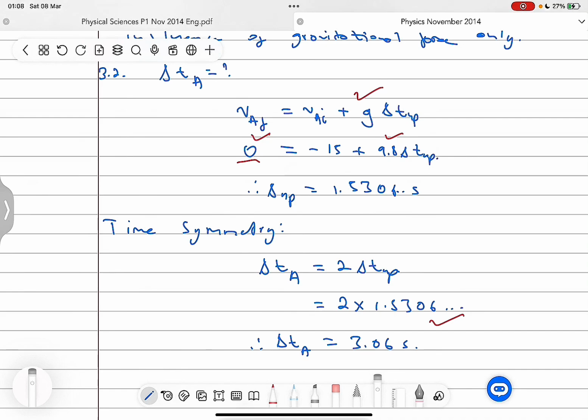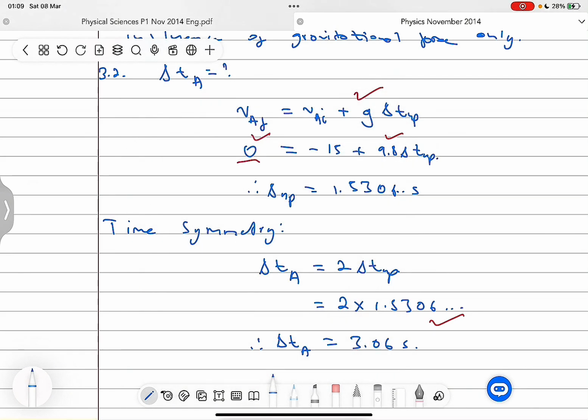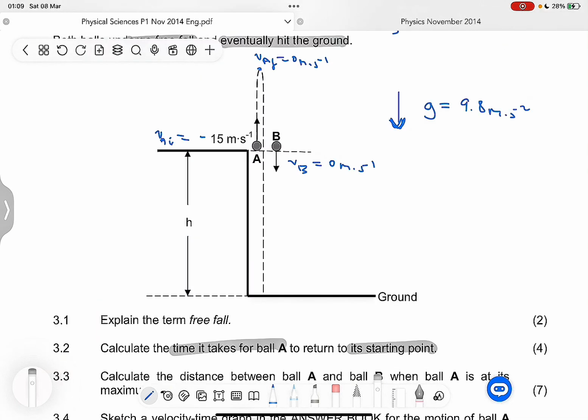And also the nice thing with looking at our time, I see this mistake here. It should be changing to here. Looking at our time, we can see that it comes out as a positive number. That's also how you know you're on the right path when you calculate time, because time can never come out as negative. So that's another thing that you can have confidence in saying that your answer is correct.